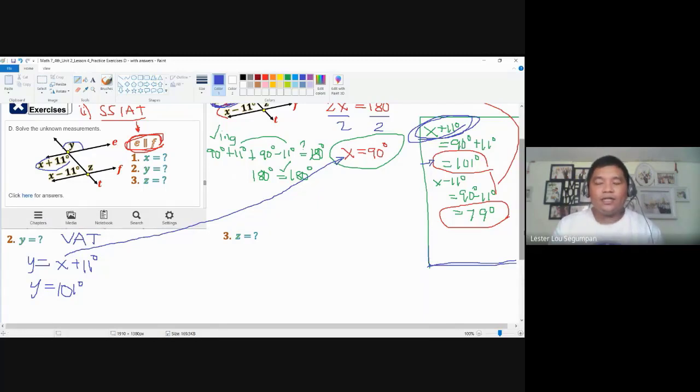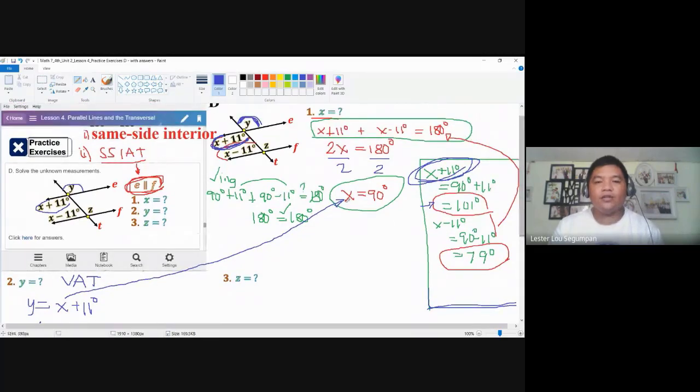As for the value of angle z, we could again use that they are corresponding angles with angle y. But if we have a slight error in computation for angle y, it might be a problem for solving angle z also.